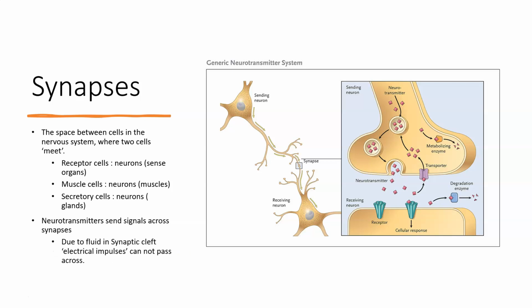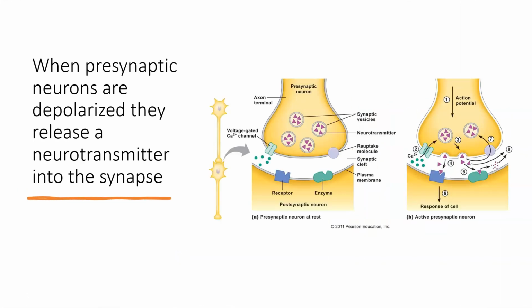That's because an electrical impulse will not move across what we call the synaptic cleft, which is that space. When the presynaptic neurons are depolarized, they release a neurotransmitter into the synapse. So that action potential has got to this point, and then they release these neurotransmitters across the synapse.